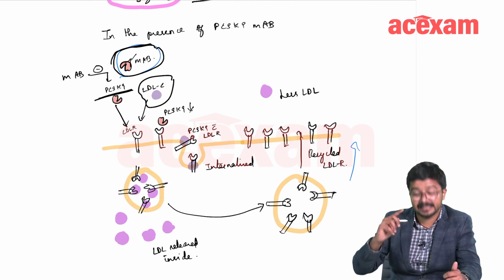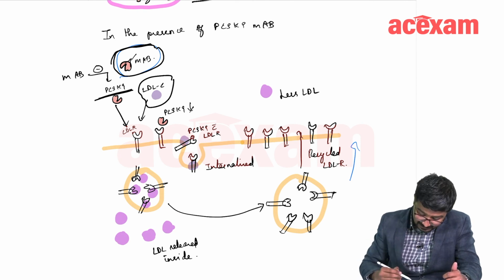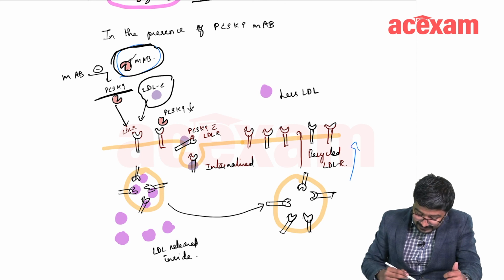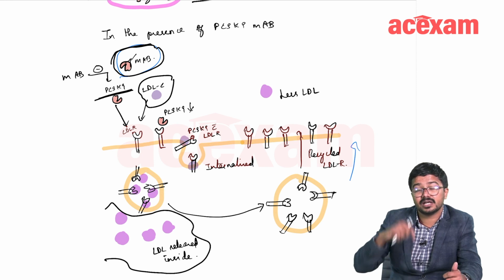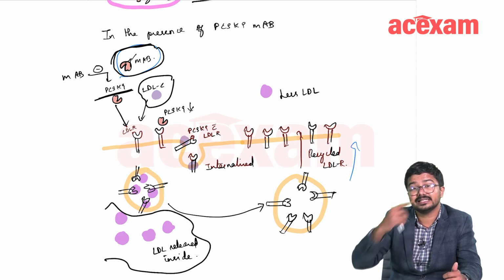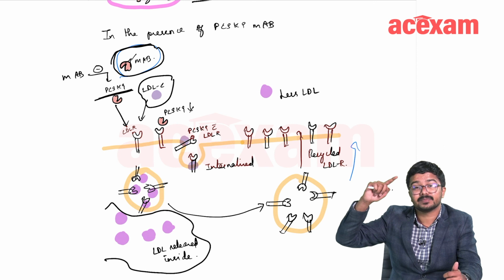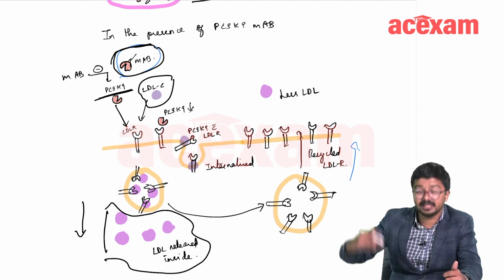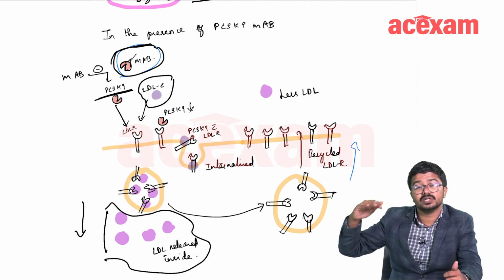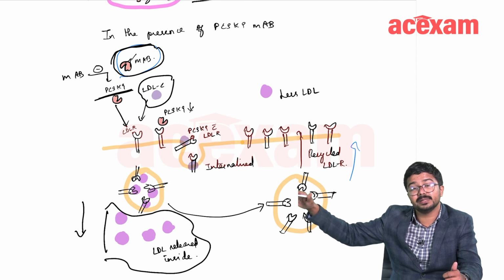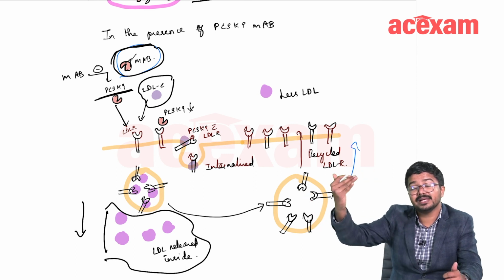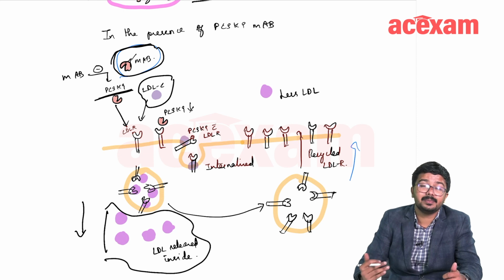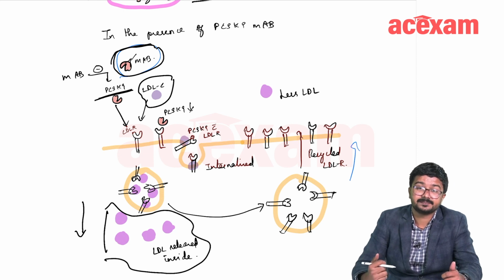Once LDL attaches, it is released inside and the LDL receptor is not destroyed, but recycled back. So you have LDL getting delivered inside and LDL receptors getting recycled, which means the LDL receptor concentration will also be more. Ultimately, the hypolipidemic effect gets established.